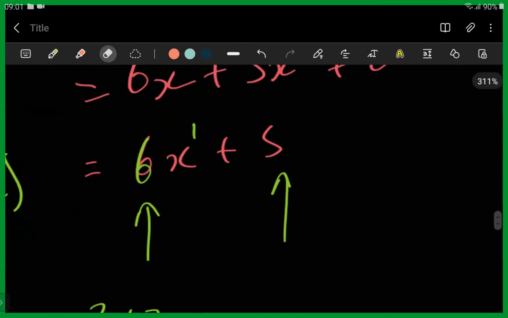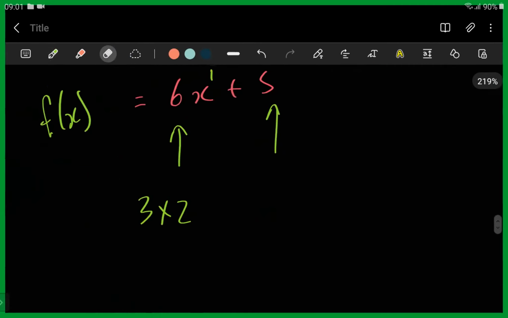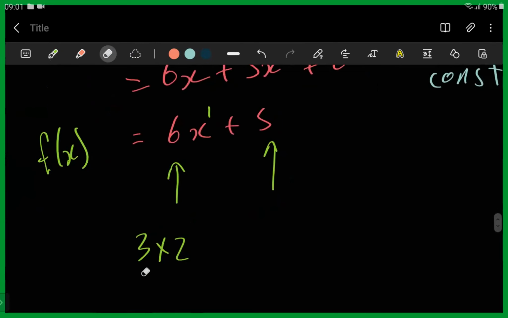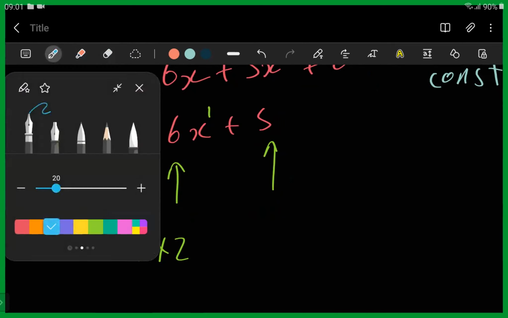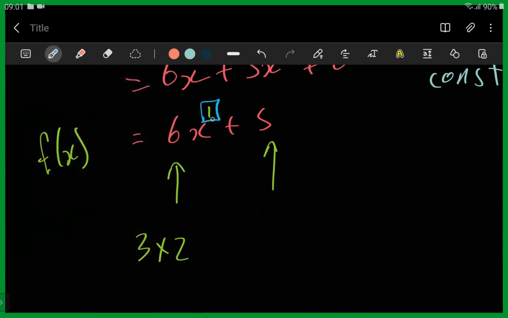But then the 6 and the 2, for you to know which one was the exponent and which one was the coefficient, you're just going to look at what you have here. You see, because if this ended up as a 1, obviously your exponent was not a 3. Because if it was a 3, you would have said 3 minus 1. So this would need to end up as a 2.